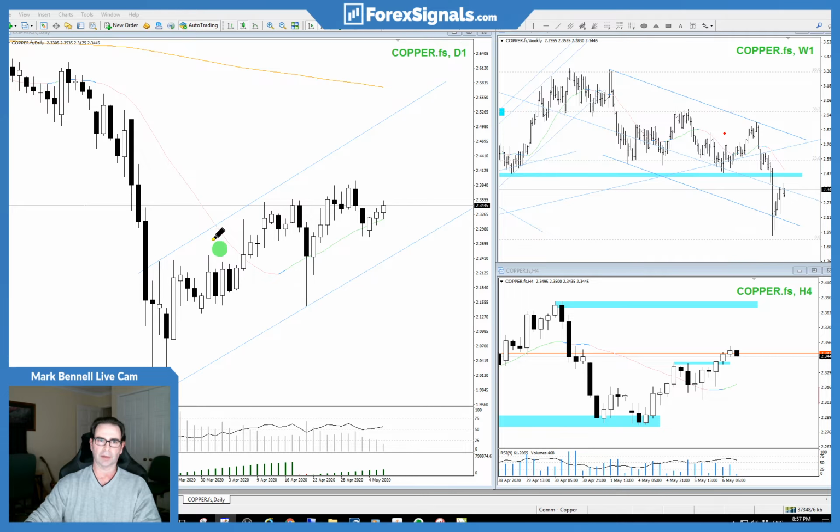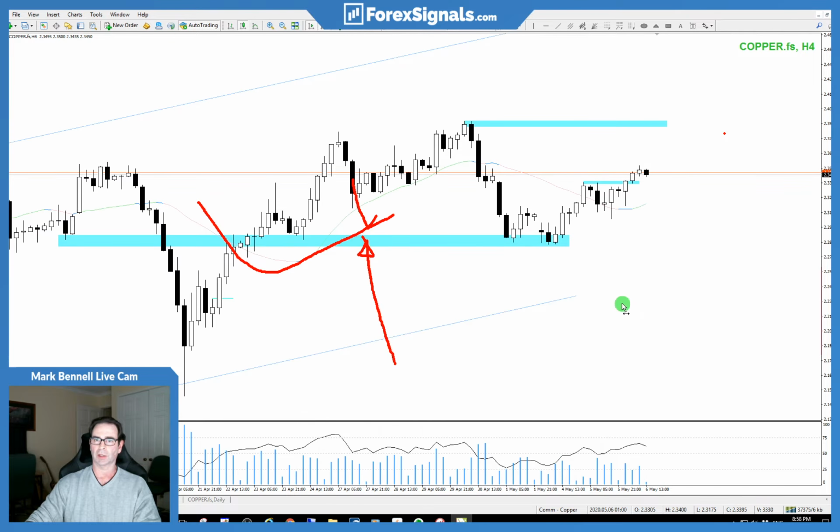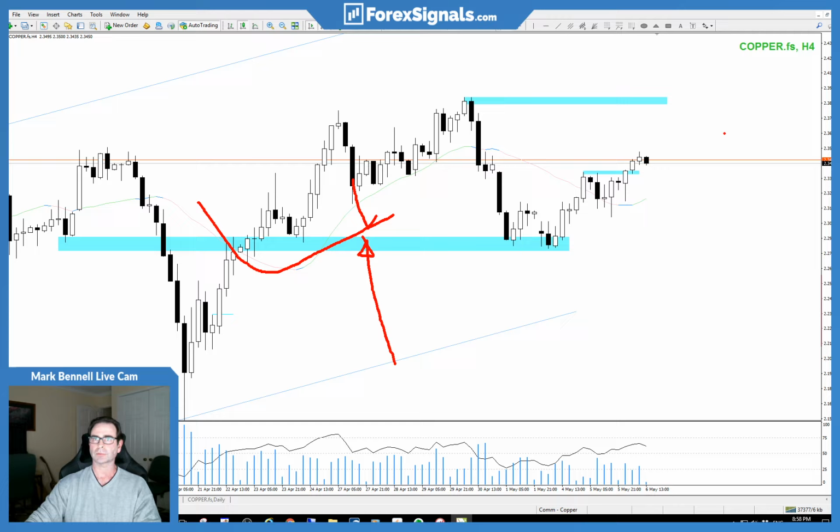So the daily. Here's our 20 period. Single leg pullback. Price has started to move off. So we're back to an area of value. Now this is a little different in as far as it's probably not an ideal example because it's under the 20.